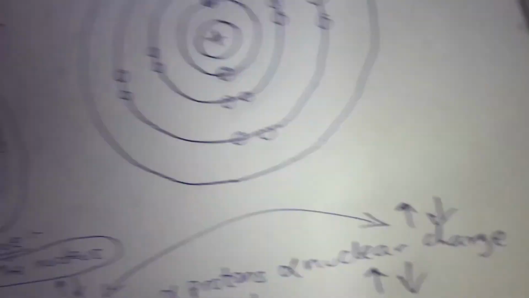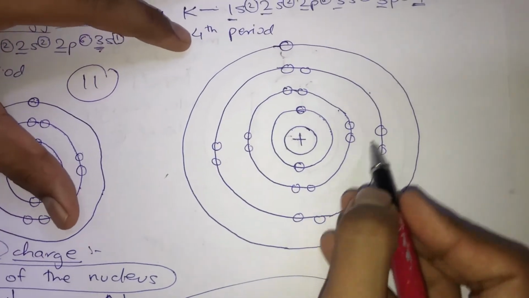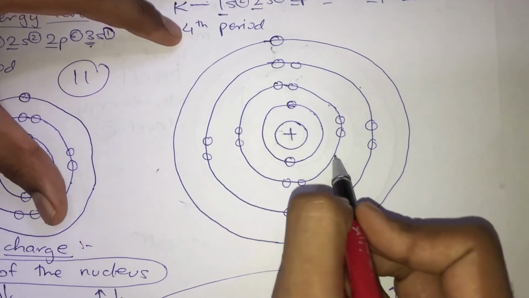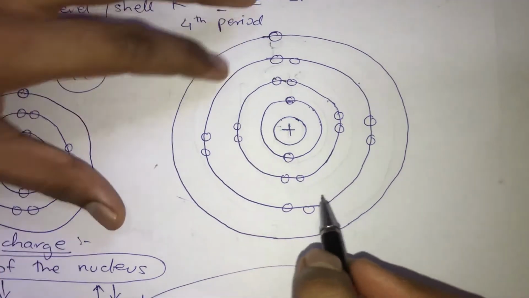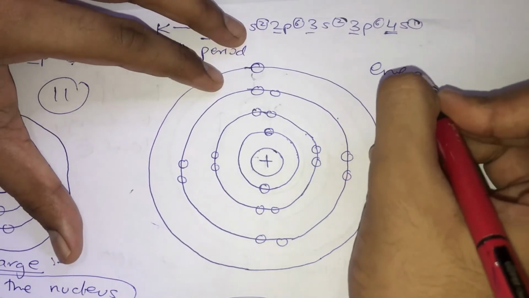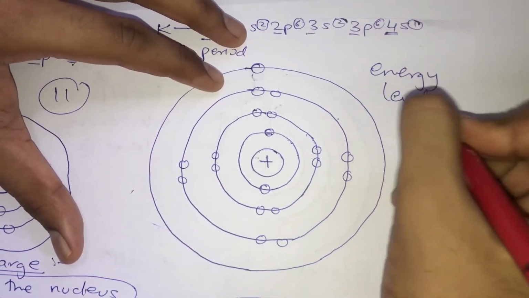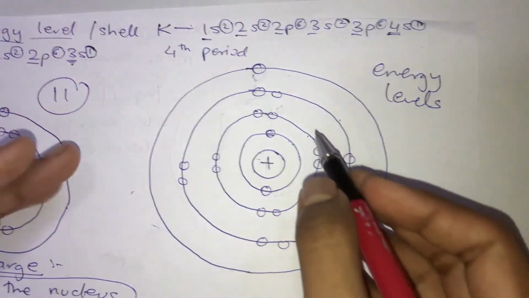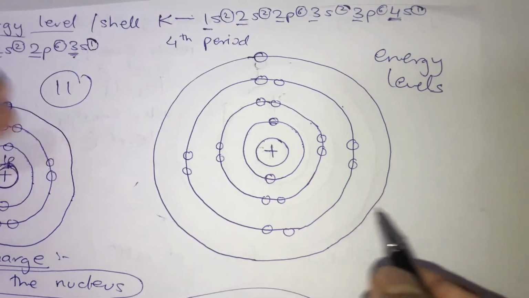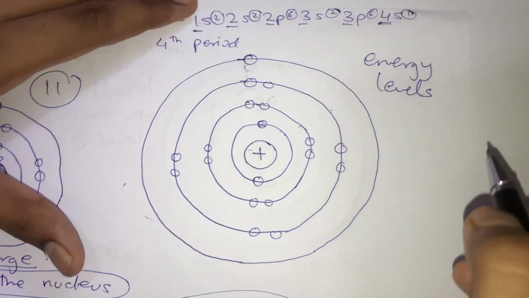Whichever diagram I have drawn here, these circles are nothing but energy levels. I have represented the energy levels with the help of these circles.